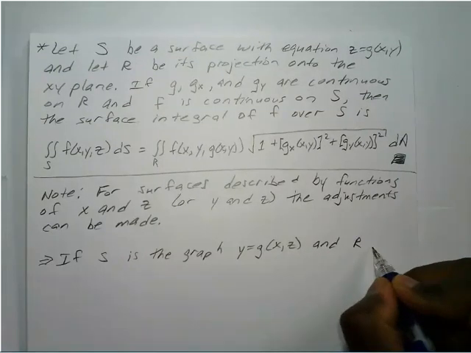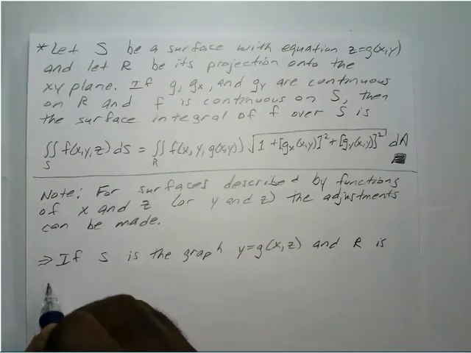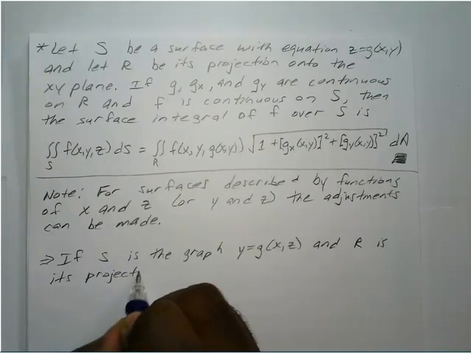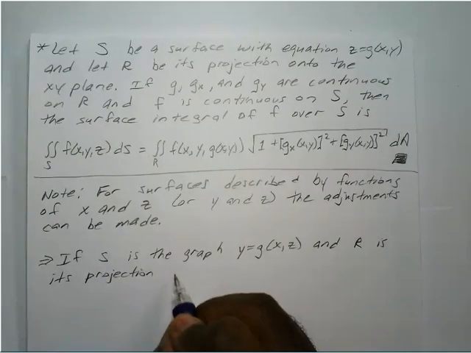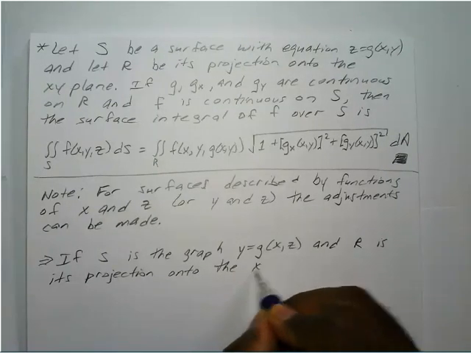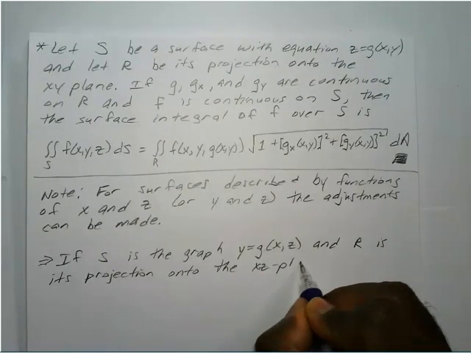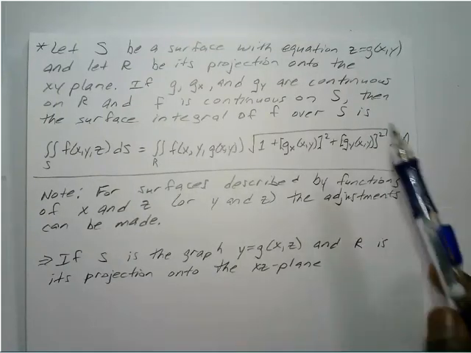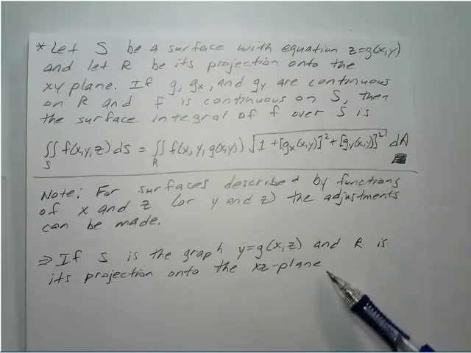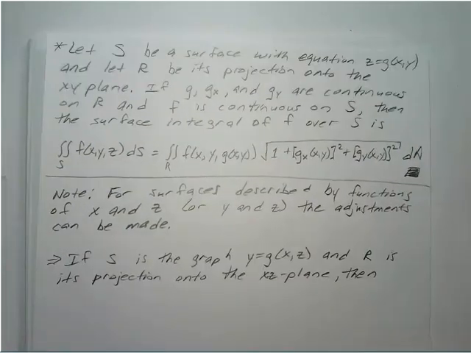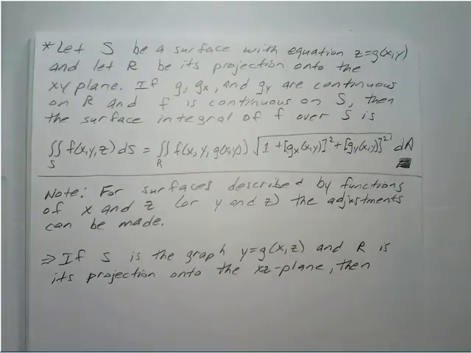And we know that your region is its projection onto the xz plane. So instead of the projection being on the xy plane, as up here, it's on the xz plane. Then you're going to tweak the formula just a little bit.